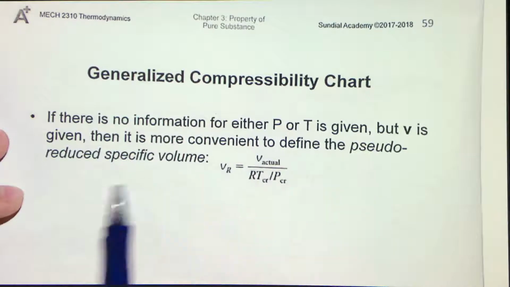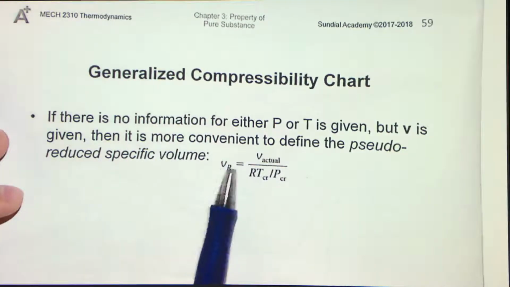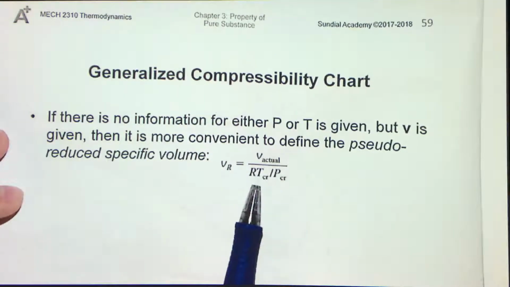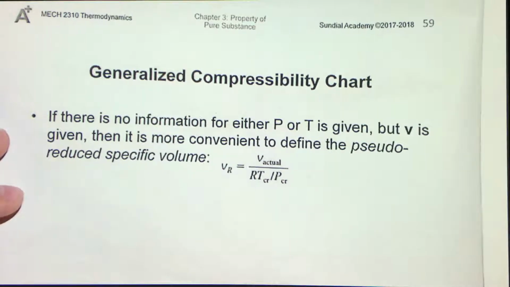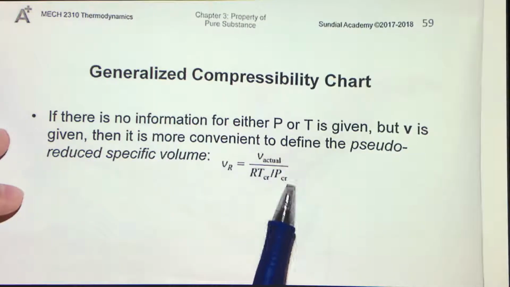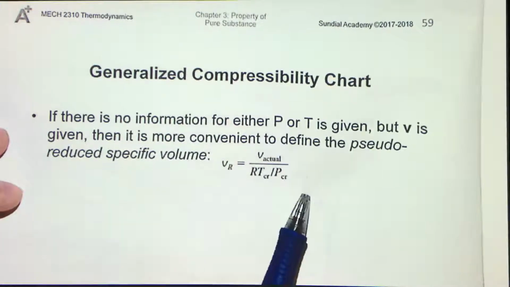What do we mean by pseudo-reduced? You can see from this formula, VR equals V actual divided by this bunch of things. This RT divided by P is just the critical volume. So we can get the volume by this formula and check the table. Because of this, we also include the VR curve in a very messy diagram.